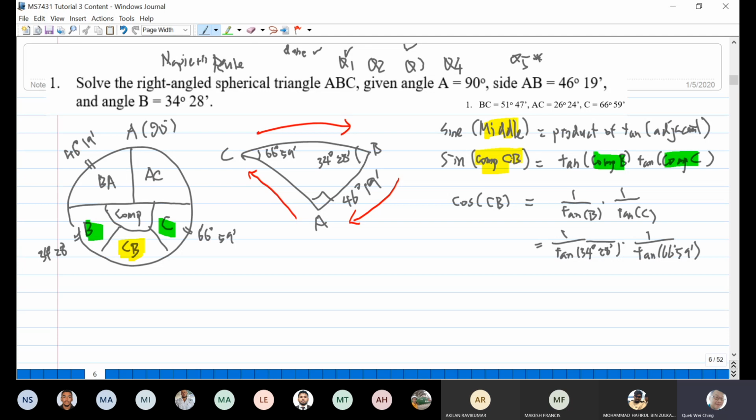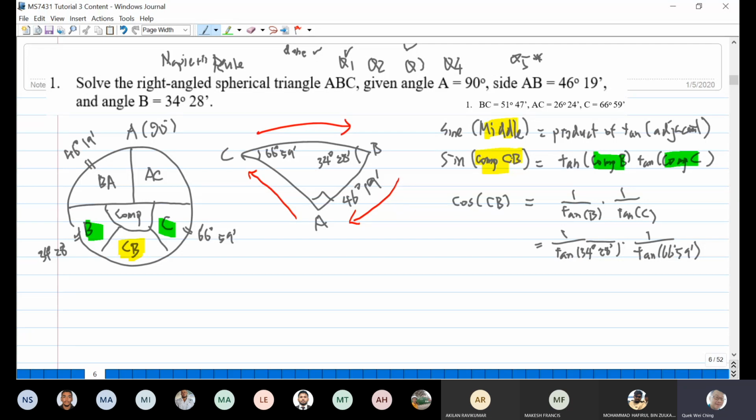So reciprocal, 1 over tangent 34 degrees 28 minutes times tangent of 66 degrees 59 minutes. What is this now?